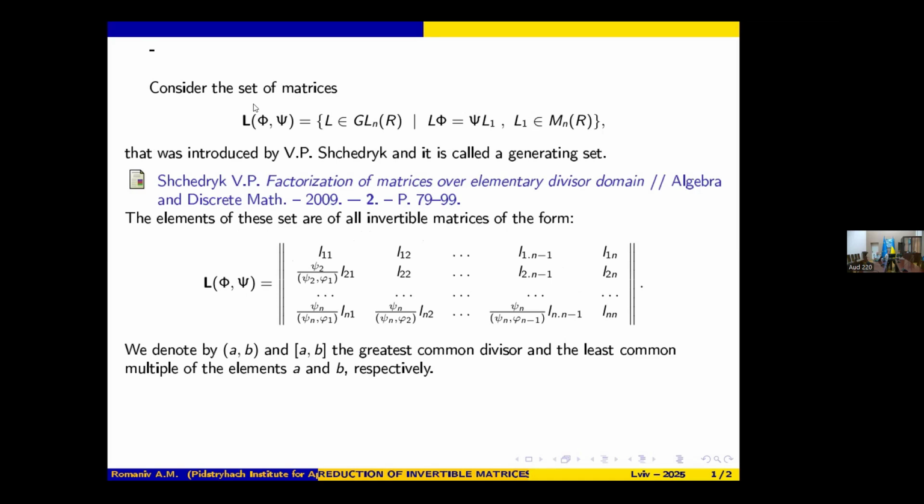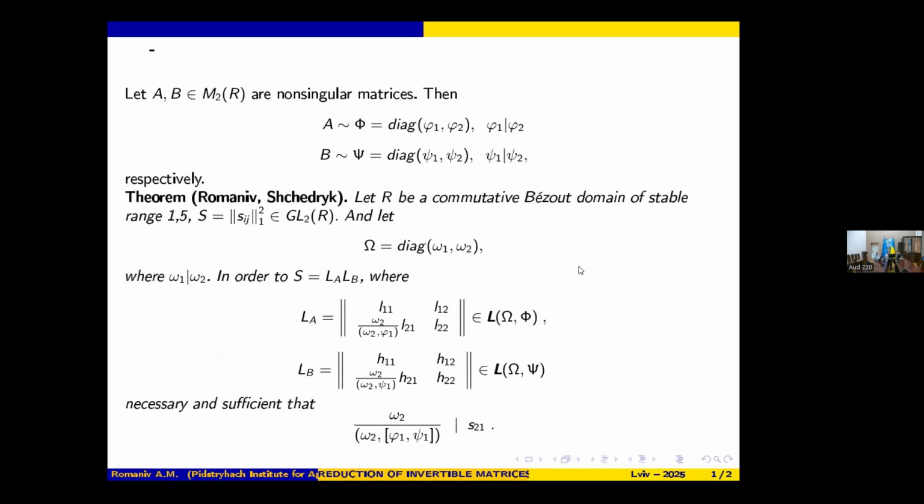This set was introduced by Shchedryk and is called a generating set. The elements of the set are all invertible matrices of the form. For non-singular matrices of the second order, we obtained the next result.